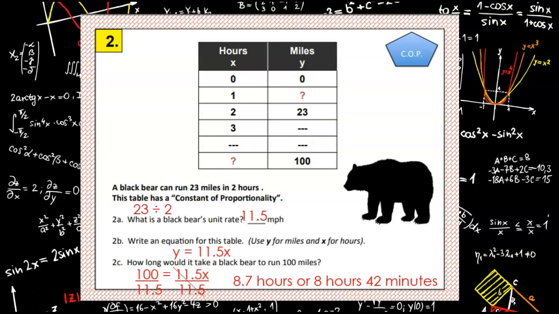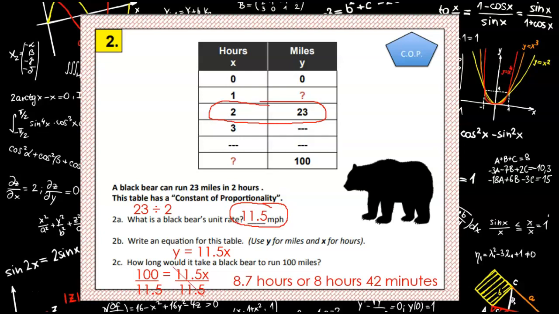Okay, so I'm using this line right here, 2 hours and 23 miles. So 23 miles divided by 2 hours is 11.5 miles per hour. So that is the unit rate. The unit rate is your constant of proportionality there, the slope. So our equation is y is equal to 11.5x.